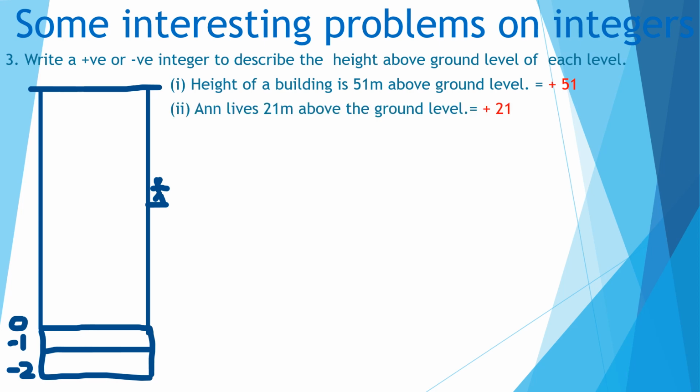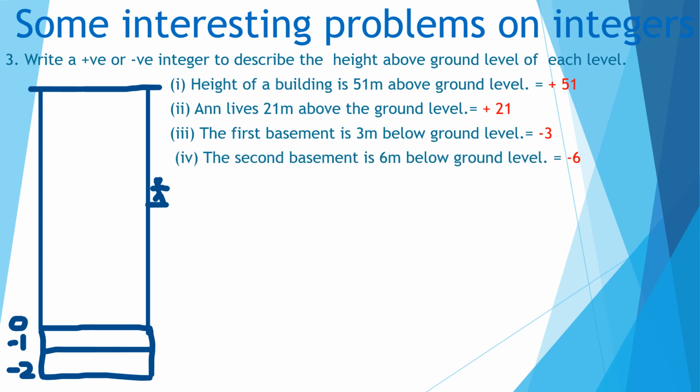Anne lives 21 meters above the ground level. So it is plus 21. The first basement is 3 meters below ground level. So the floor of the first basement will be at minus 3. The second basement is 6 meters below ground level. So it is denoted by a negative integer 6.